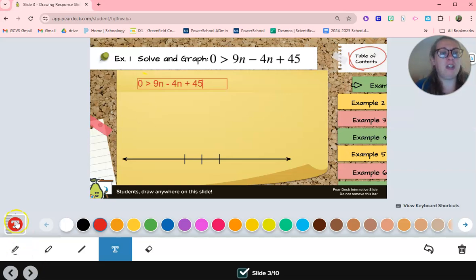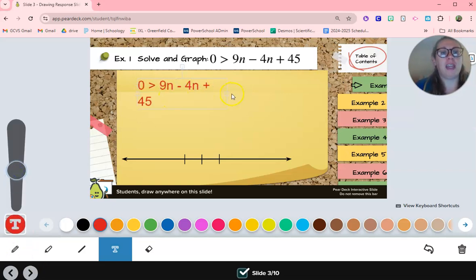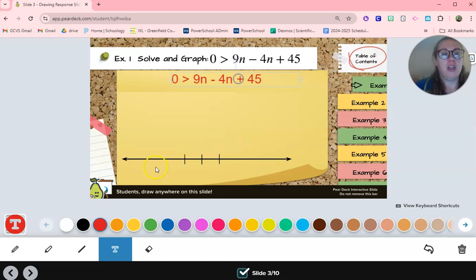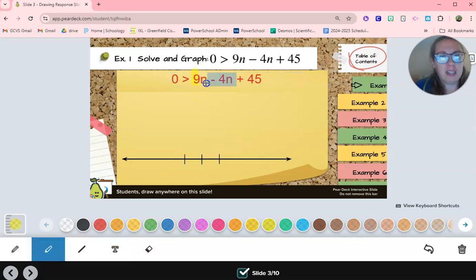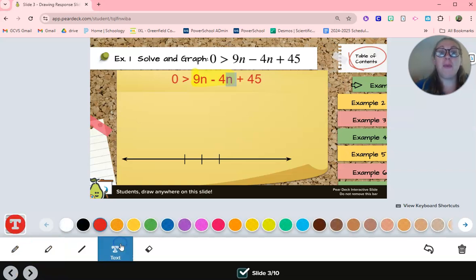And then I'm going to look for any terms I can combine. What I noticed is there is this 9n minus 4n. Because they both have an n, we can combine them. 9n minus 4n leaves us with 5n plus 45.